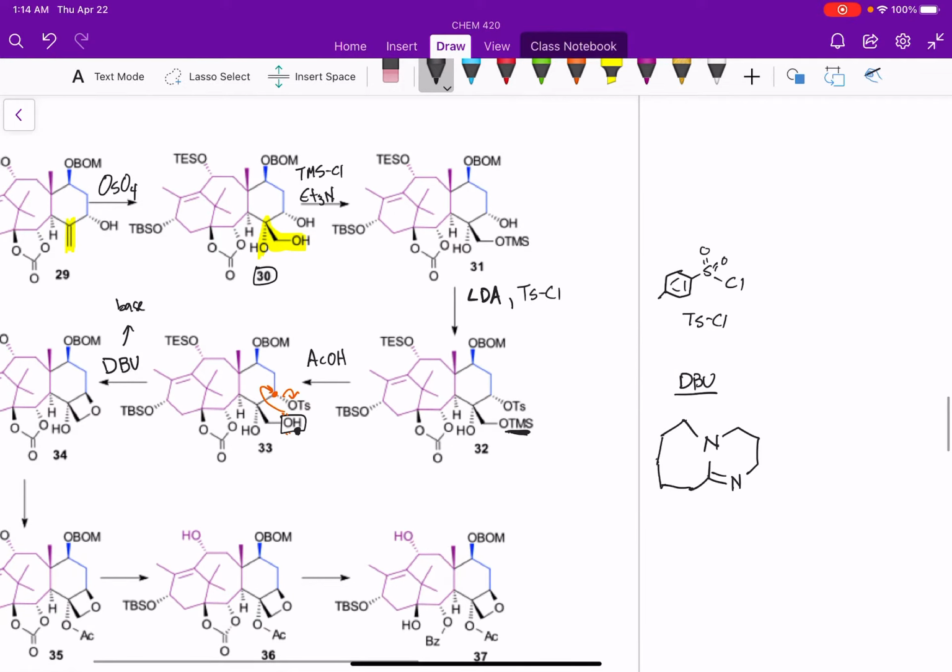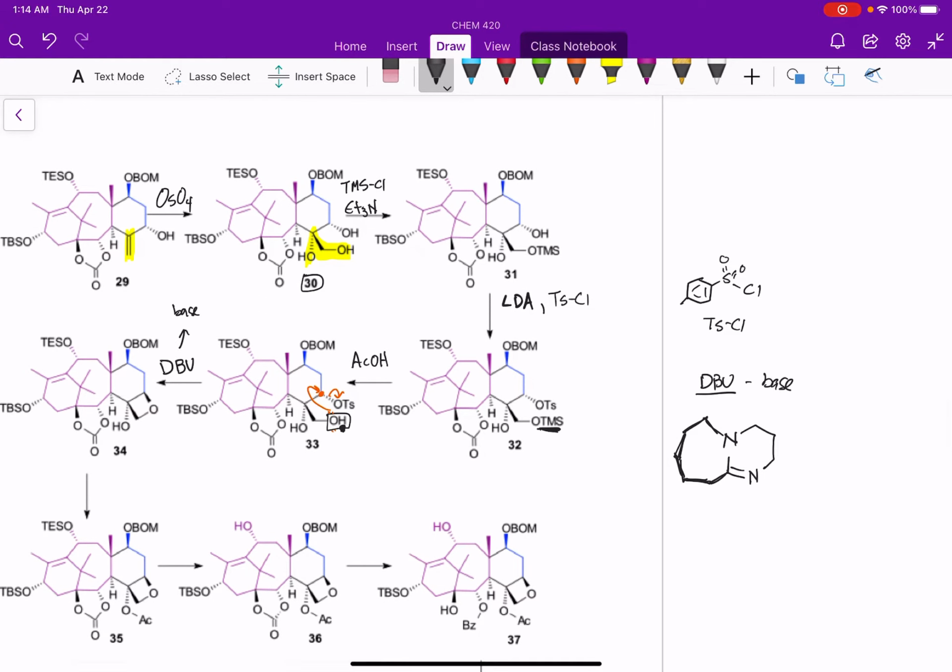So that is a 6-membered ring and a 7-membered ring. And this is just a really good base to deprotonate alcohols. So DBU will deprotonate this hydrogen, allow that to attack. We've now formed the D ring here, so that is compound 34. Okay, synthesized 34.